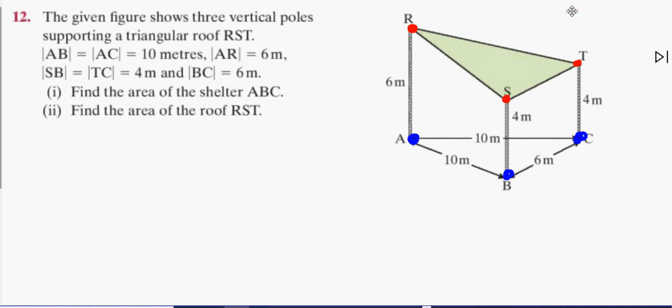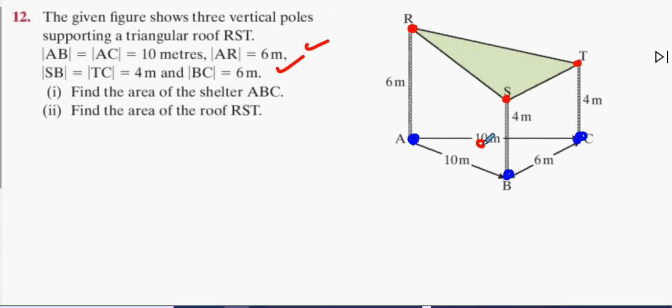Now what's it giving us? It's just giving us a pile of lengths, isn't it? Find the area of the shelter ABC. Imagine you're outside in the fields and there's 3 massive poles supporting a tent-like structure.